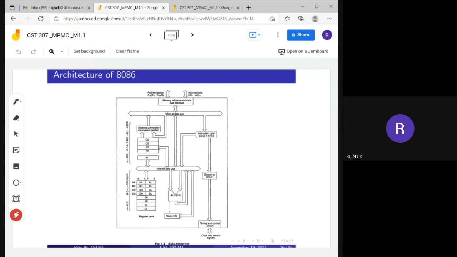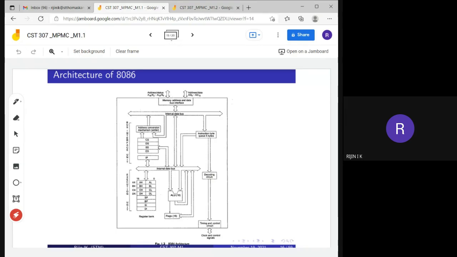First the decoding unit takes the instruction from the instruction queue, then decodes the opcode bytes fetched from the queue, and after decoding it sends the information to the control circuit for execution.